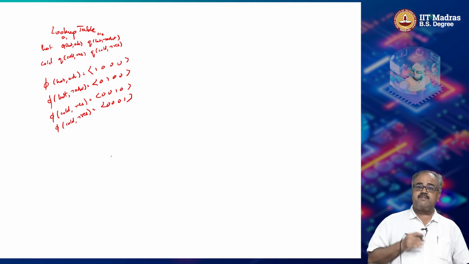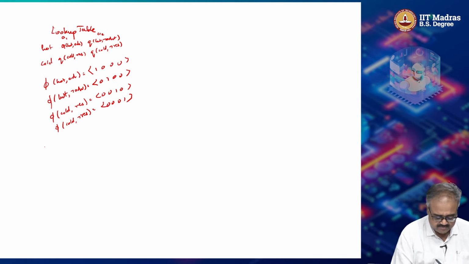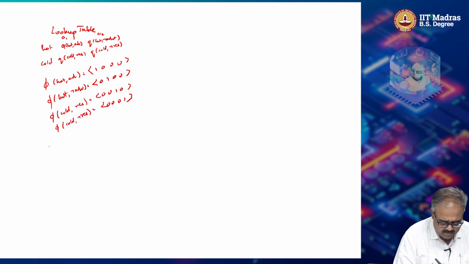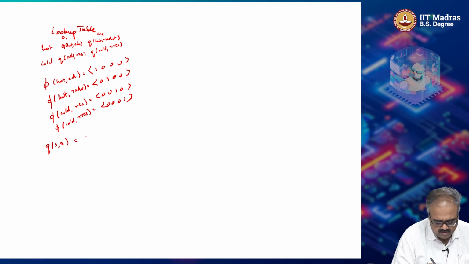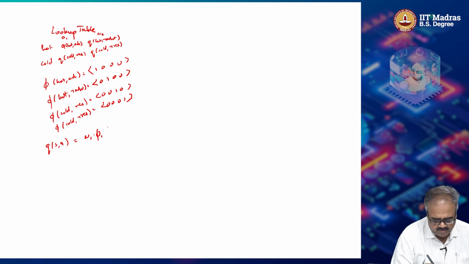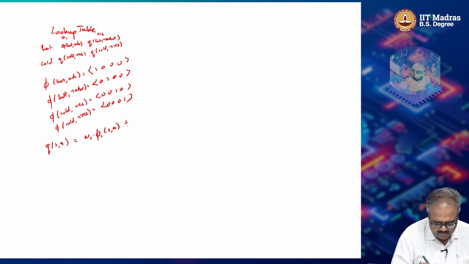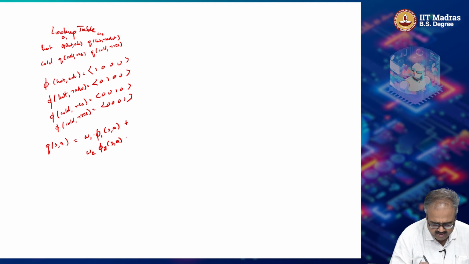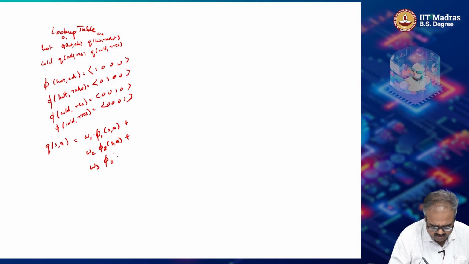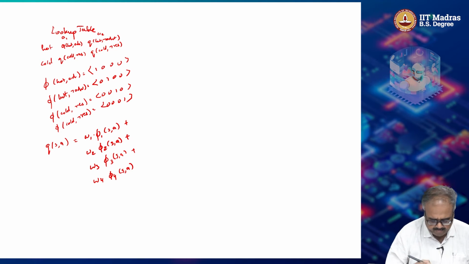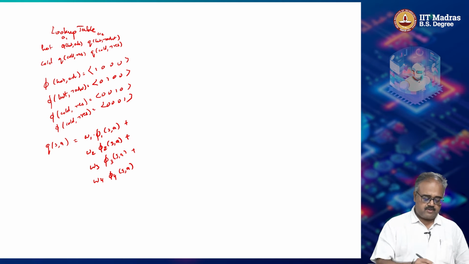Now, once you have this phi, let us write the Q function. Q of S comma A is going to be equal to W1 times phi 1 of S comma A plus W2 times phi 2 of S comma A plus W3 times phi 3 of S comma A plus W4 times phi 4 of S comma A. So, what is phi 1?